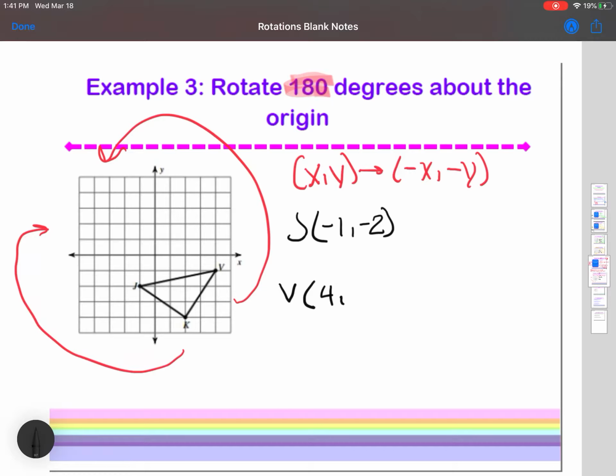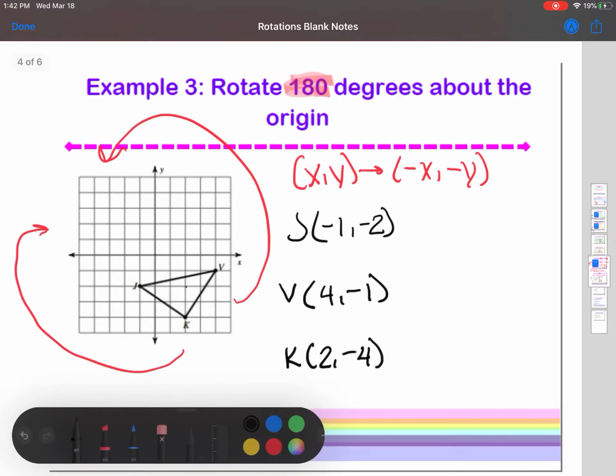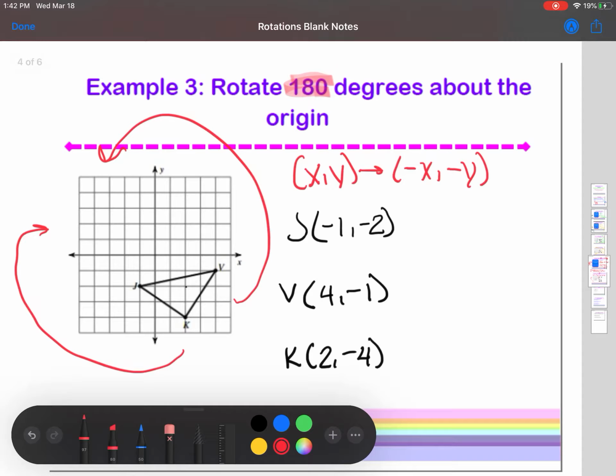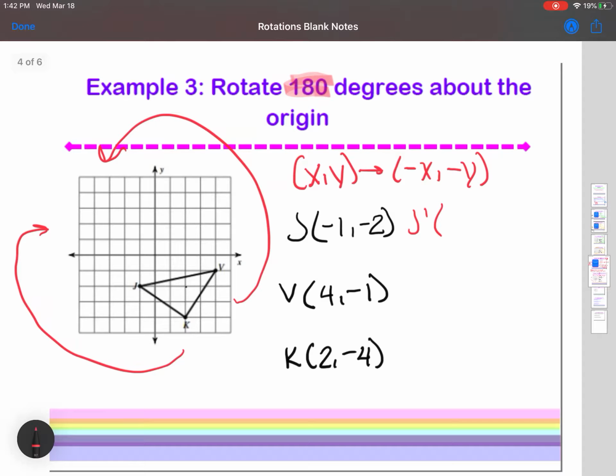V is 4, negative 1. And K is 2, negative 4. Okay? Now, my J prime is negative of negative 1, negative of negative 2, or J prime is 1, 2.